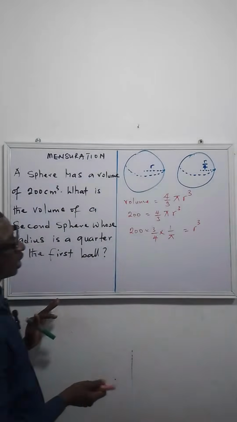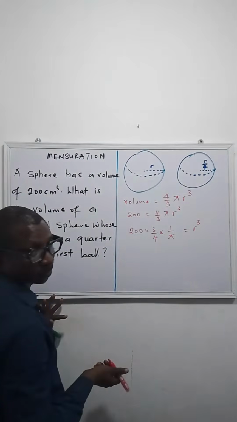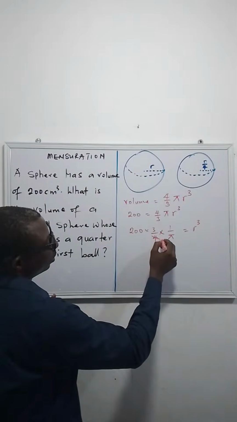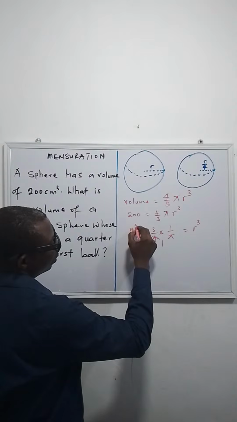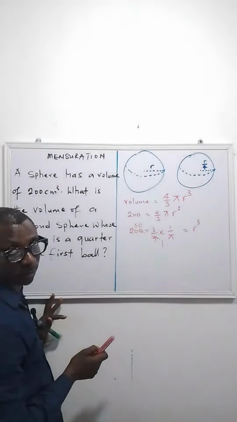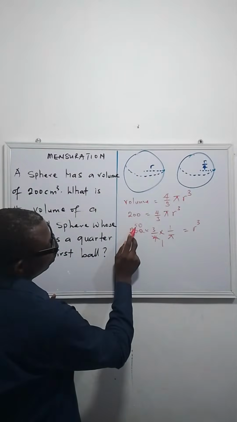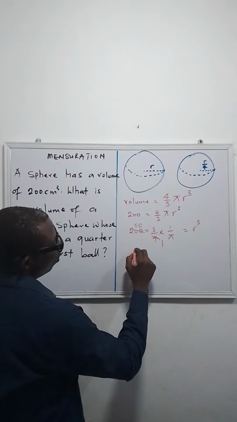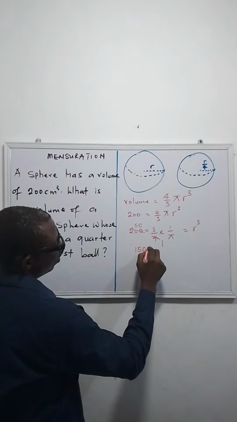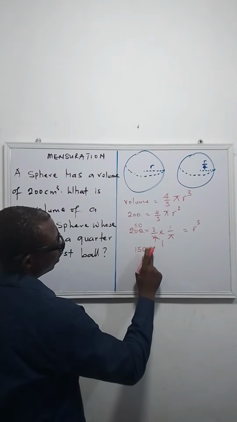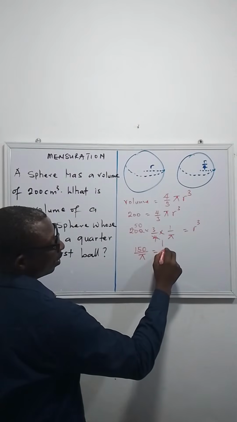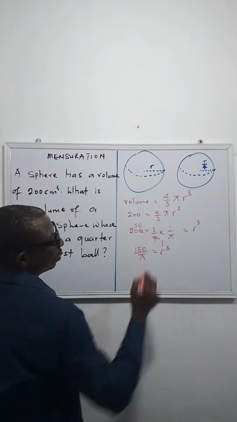All right, so let's try and tidy up things here. 4 goes here is 1, and 4 goes here is going to be 50. So now use this to multiply this, so we have 150 over pi equals r cube.